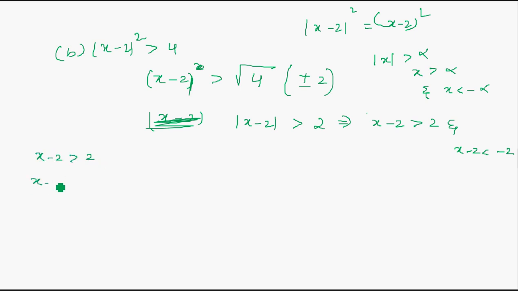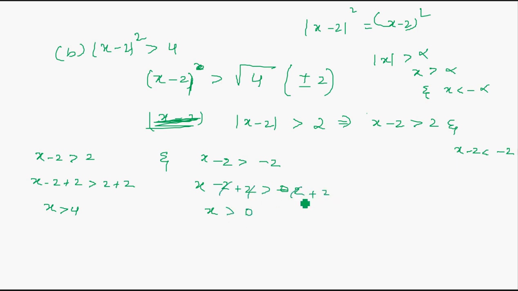Now we add 2 on both sides, and this becomes x greater than 4. And we have x minus 2 less than minus 2. So now we add 2 on both sides, so x is less than minus 2 plus 2. This 2 gets cancelled, and we will have x less than 0.